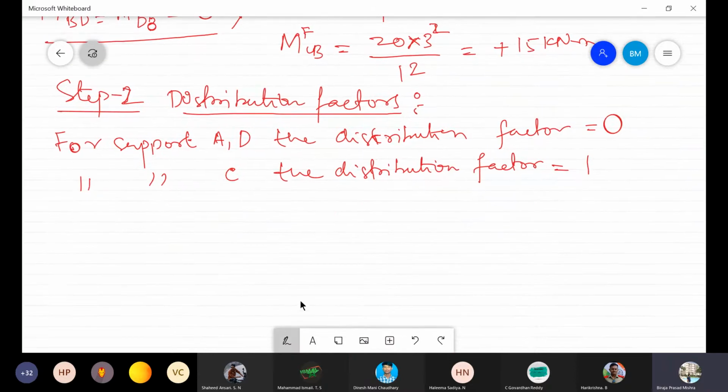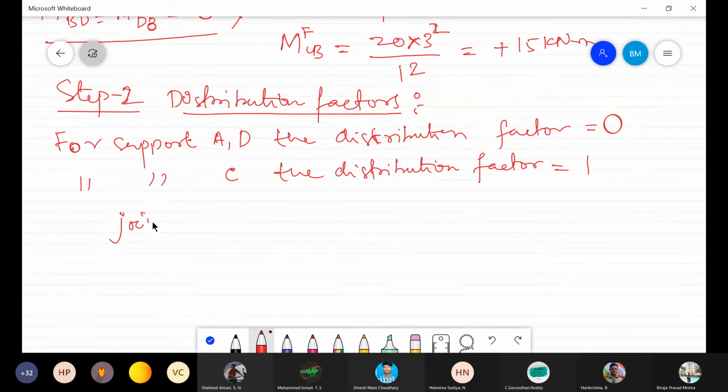Okay, so now we will go for the distribution table. So all of you please refer your diagram. Okay, so let me write joint, then members, then we have what will be the next one? Member stiffness.